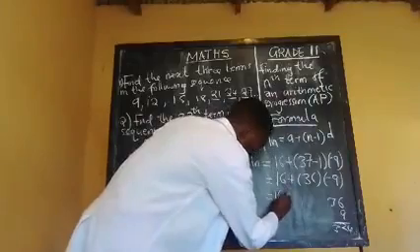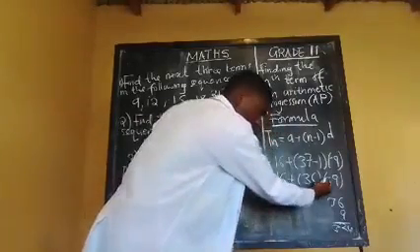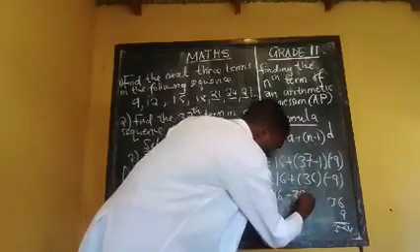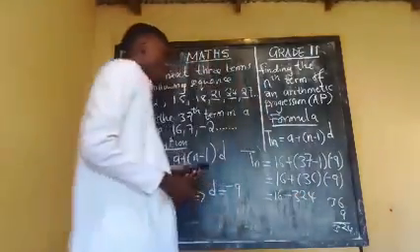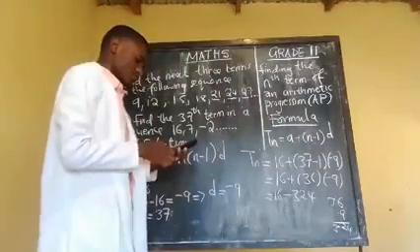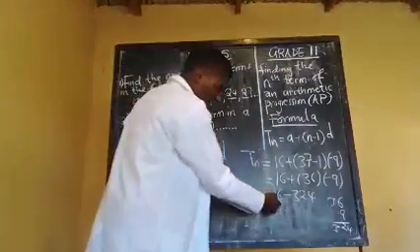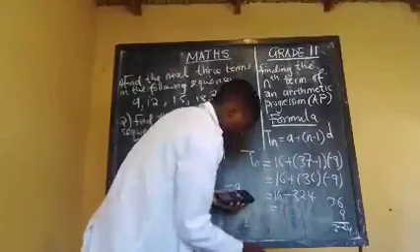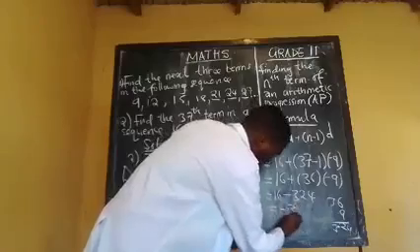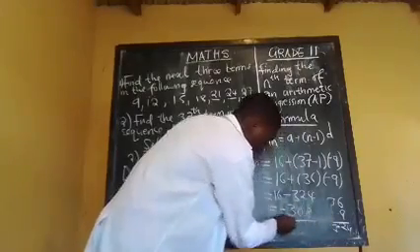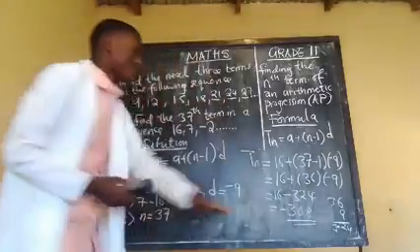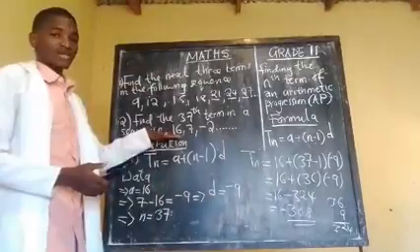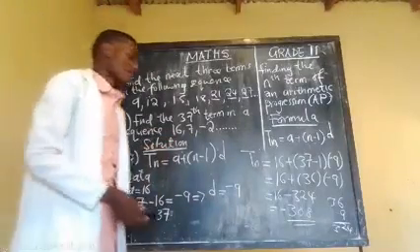So we have 16 minus, because this is negative, when you multiply, you get negative 324. Now let us subtract. When you subtract 16 minus 324, the figure that you are going to get will be negative 308. So this will be our 37th term of this given sequence. Okay. Thank you so much for watching.